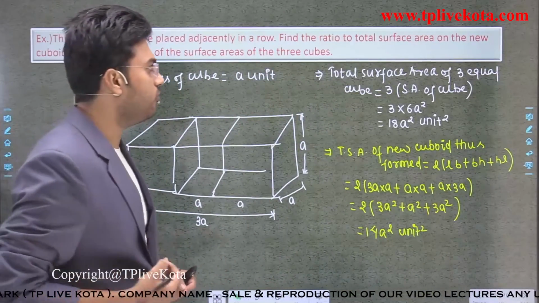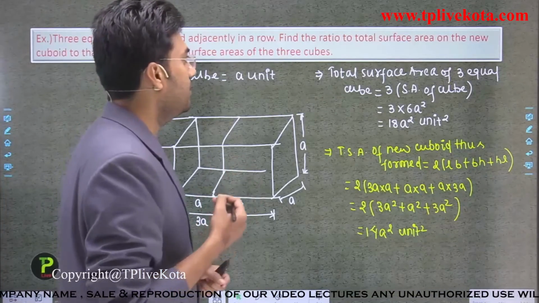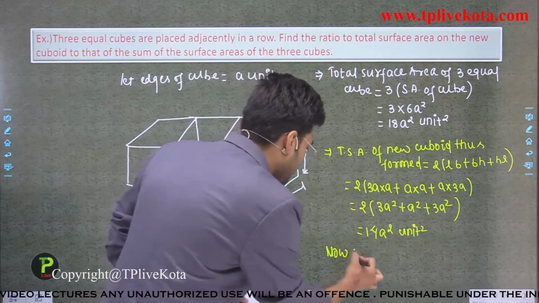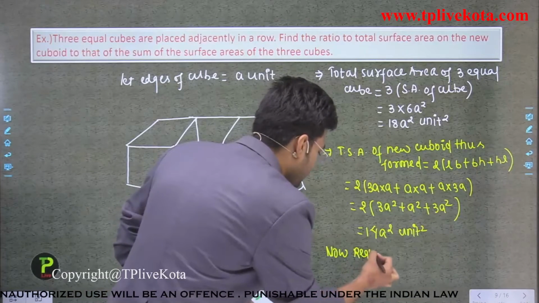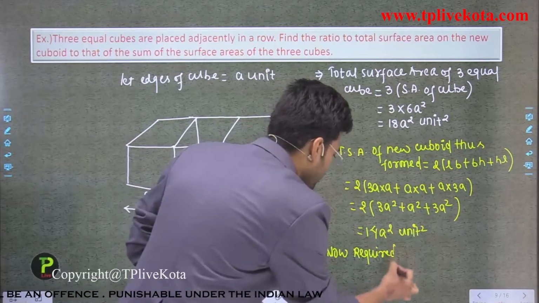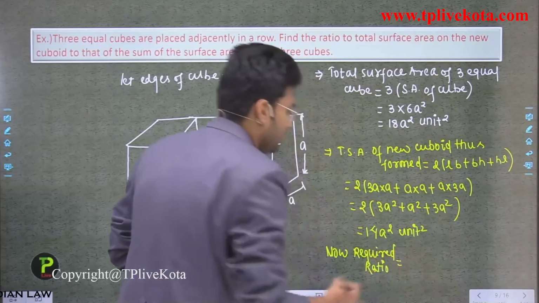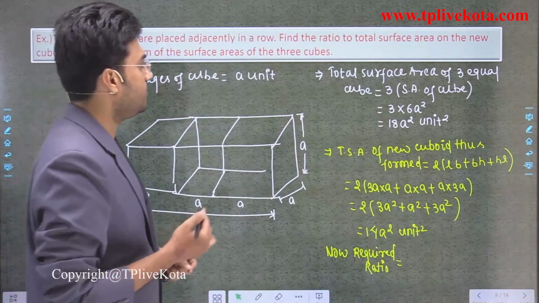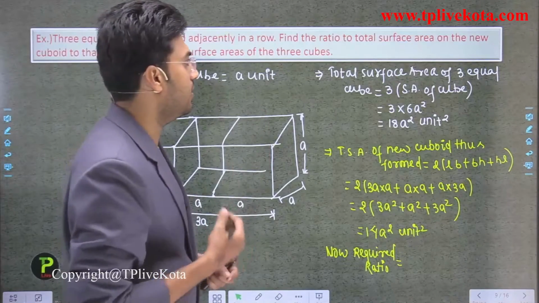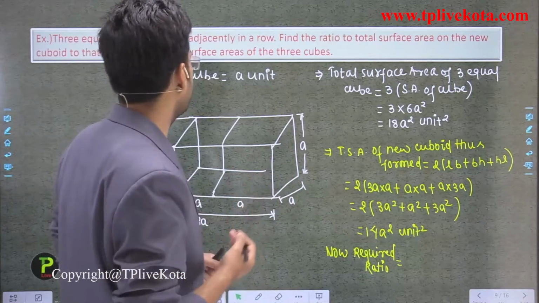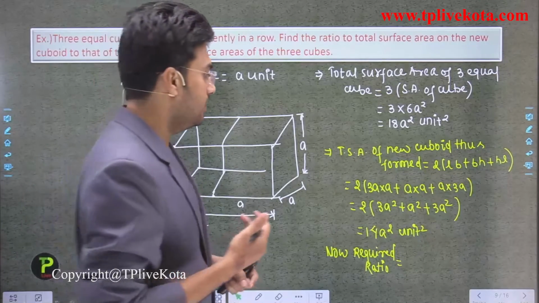Now what we have to find here? We have to find the ratio. So the required ratio is equal to total surface area of new cuboid to that of the sum of the surface area of 3 cubes.